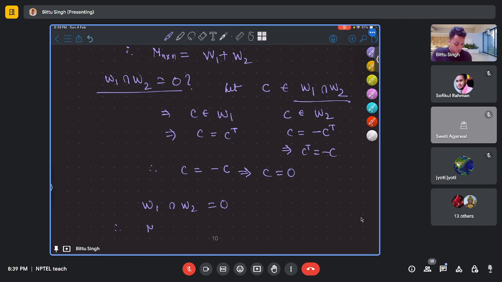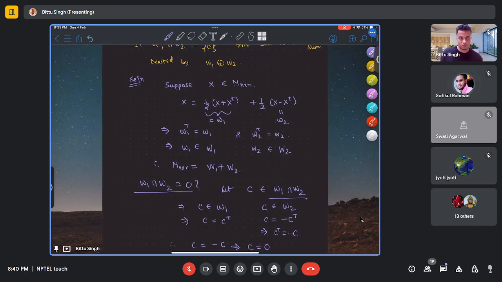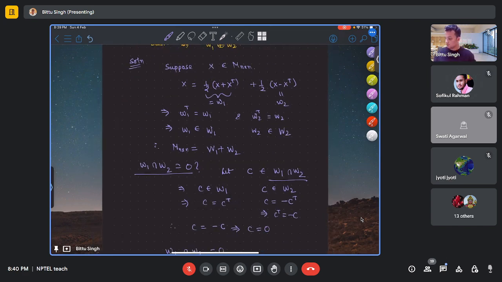Therefore the space of n cross n matrices is the direct sum of W1 and W2. Is it clear? Okay, great. So let us see some examples from basis and dimension.